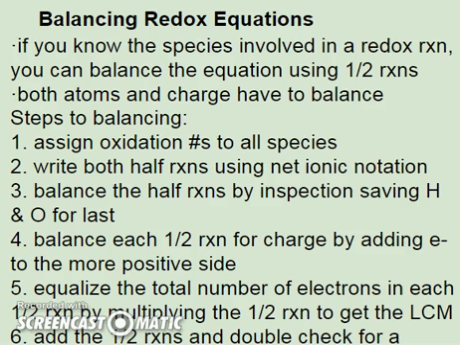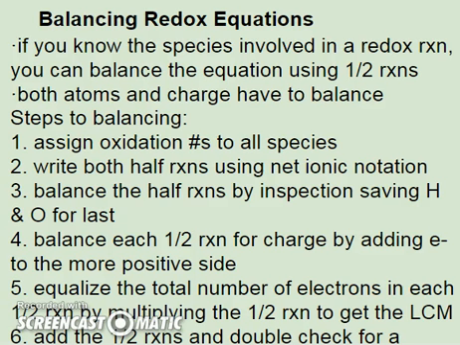The basic rules are you assign oxidation numbers to all the species, you write the half reactions using net ionic notation, you balance the half reactions by inspection, and just like before, you save the hydrogen and oxygen for last. Then you balance each half reaction for charge by adding the electrons to the more positive side. Then you equalize the total number of electrons in each half reaction.